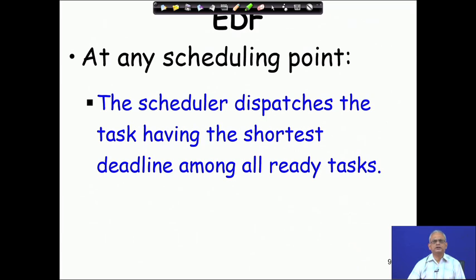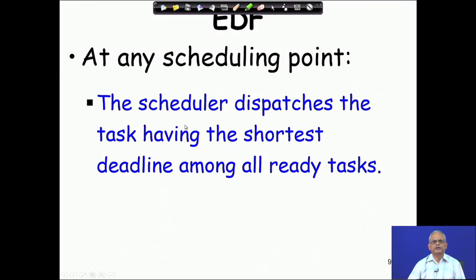So, this is the crux of the algorithm, and the name of the algorithm comes from here, earliest deadline first. At every scheduling point, it looks at the task which has the earliest deadline, and it takes that up first to schedule.